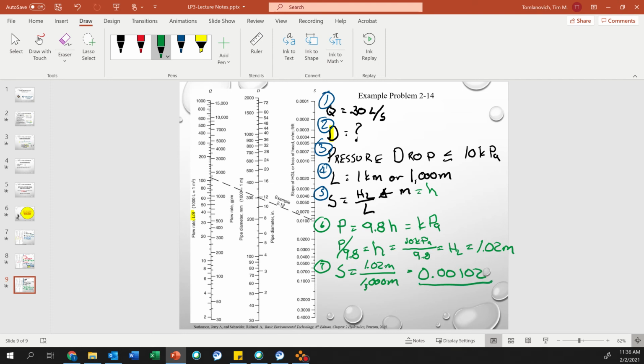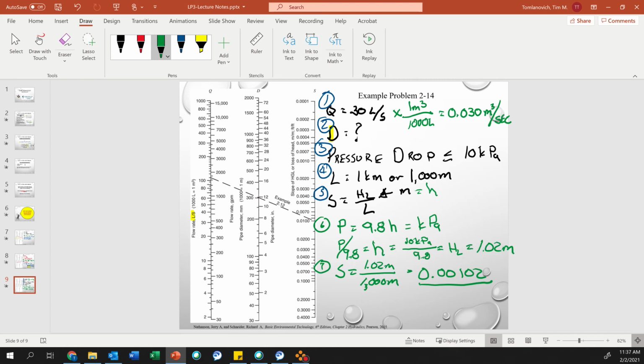All right. So see how that worked? So Q equals 30 liters per second, times 1 cubic meter divided by 1,000 liters, equals 0.030 cubic meters per second.